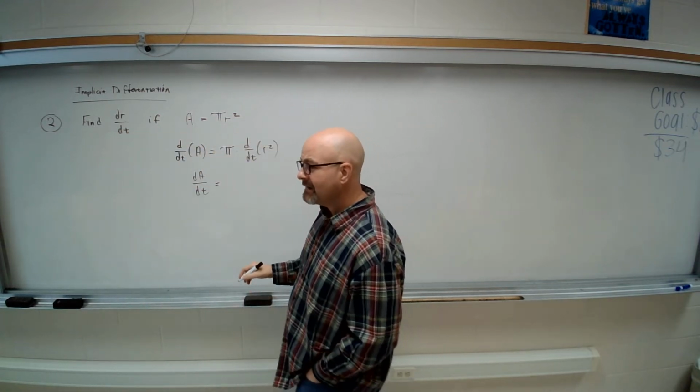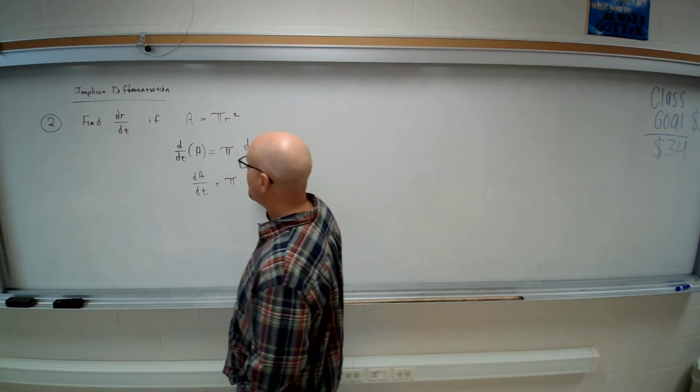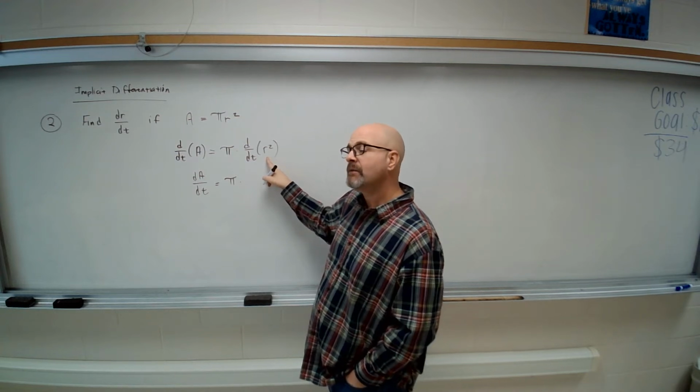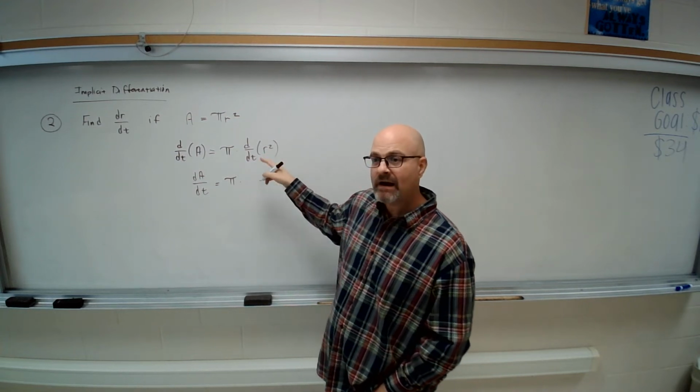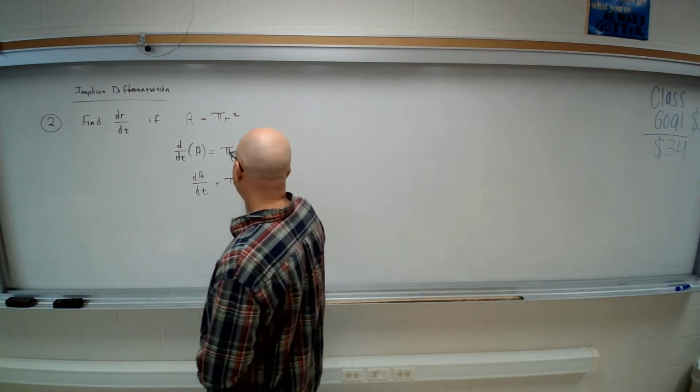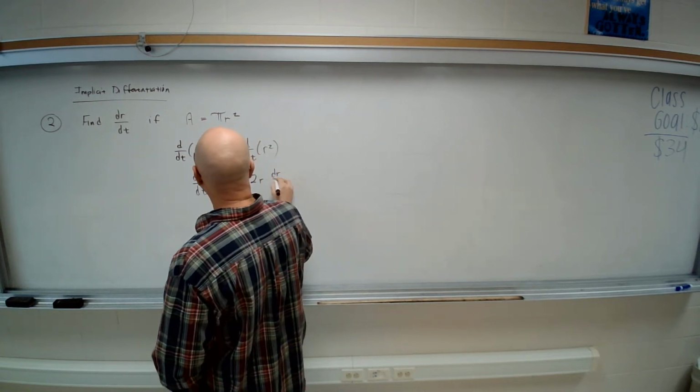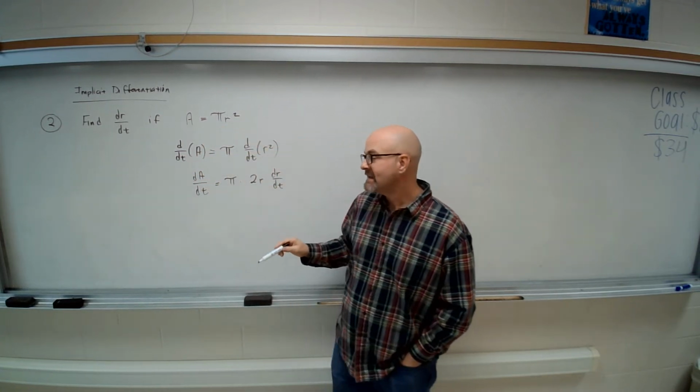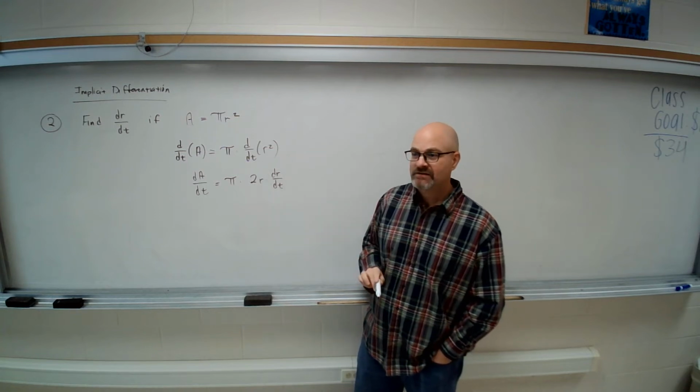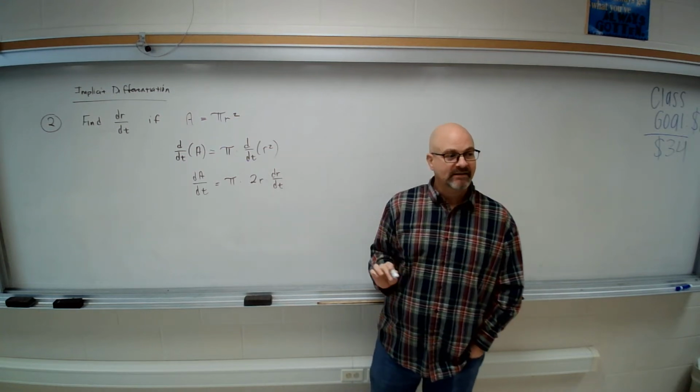And then pi. And then here, when you take the derivative of r squared, we're going to get 2r. And we know that we have to put the dr over dt because r and t are different letters.